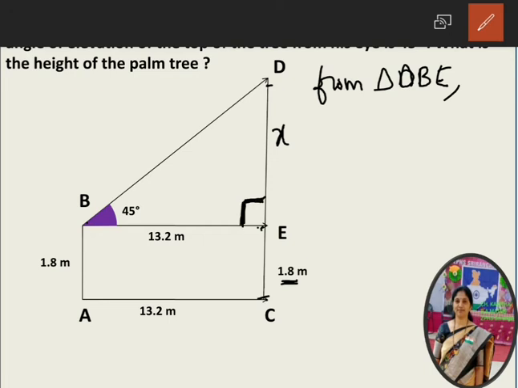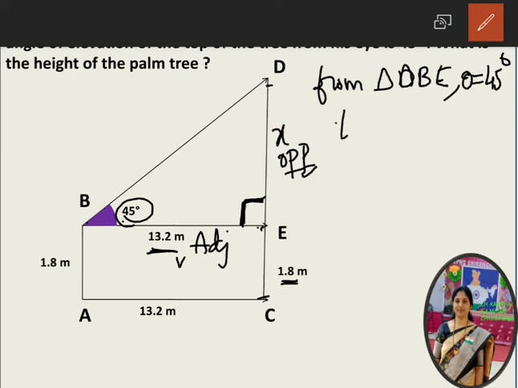Okay, so this is a right angle triangle, and based on this 45 degrees, this DE becomes opposite side, and we know BE length. So this BE becomes the adjacent. So here the angle theta is 45 degrees. So opposite we need, adjacent is given. So opposite and adjacent related trigonometric ratio we have to choose.